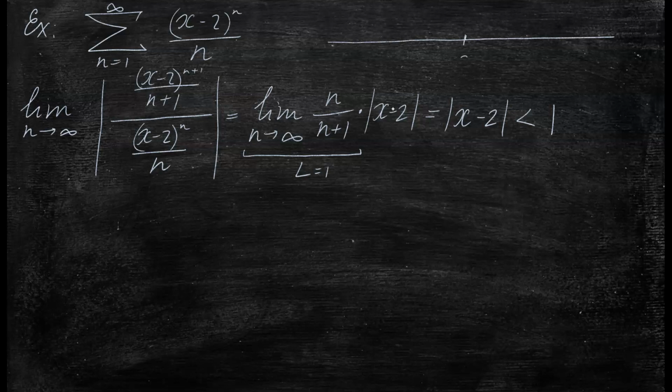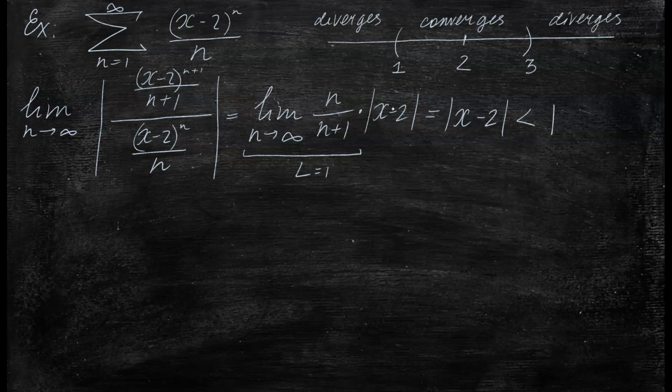We are centered at 2, the radius is 1, so we are going 1 to the left and 1 to the right, and we definitely know that in between the series converges and outside the series diverges.